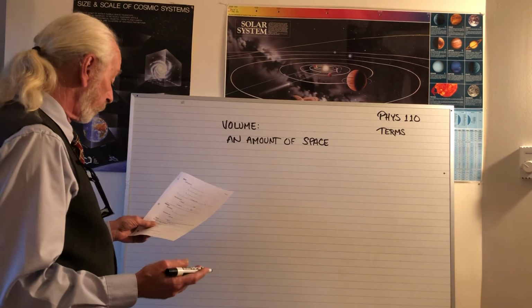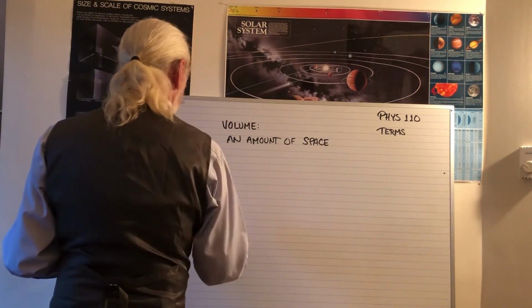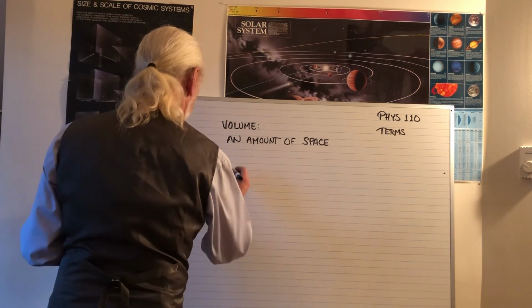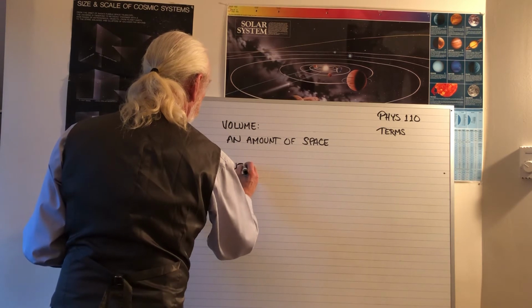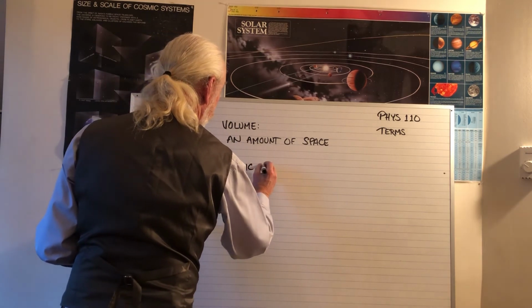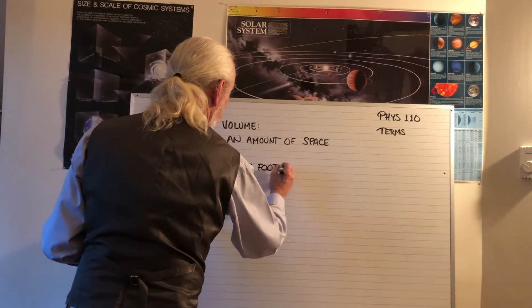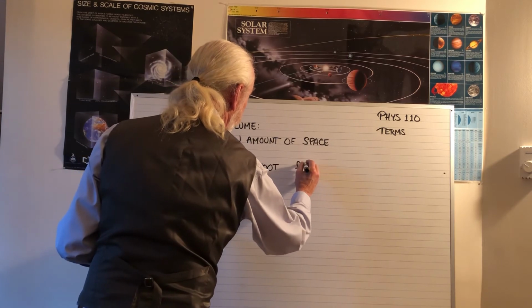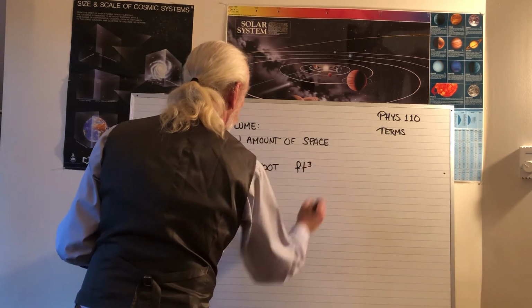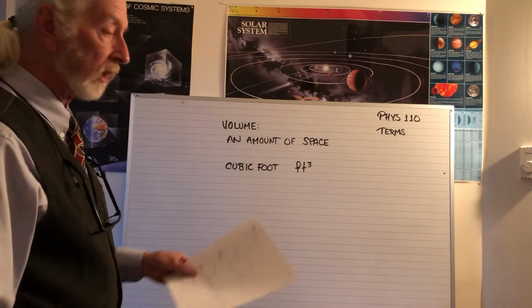Standard units for British or US standard, a cubic foot, or abbreviated like so. And metric is a cubic meter.